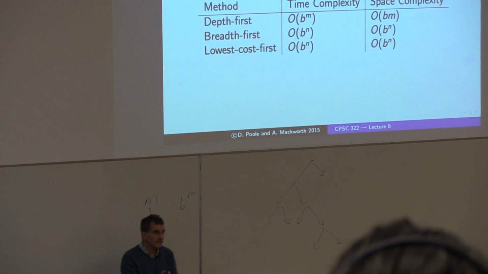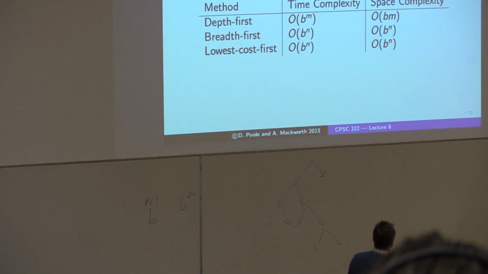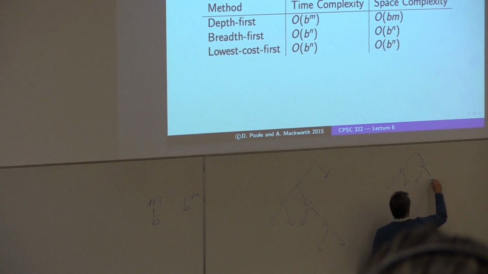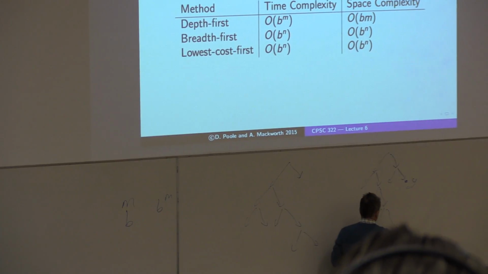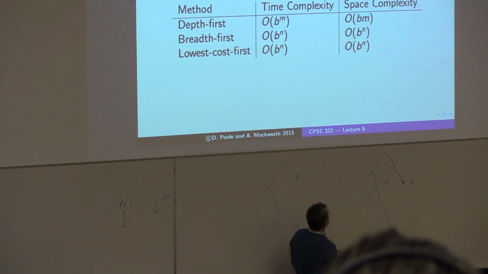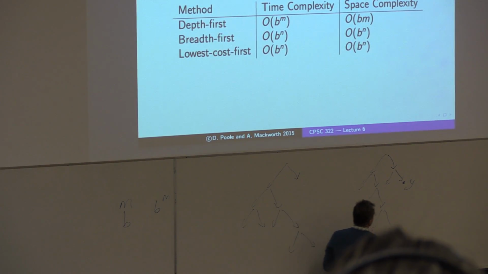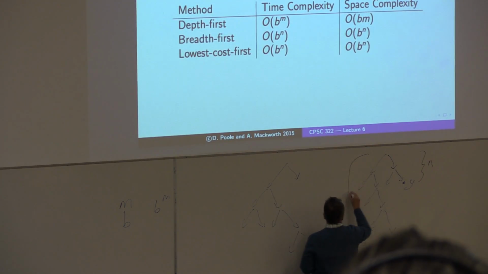Okay? Yes? The maximum number of paths available, is that the same as the path length to the closest point? Sorry, so if we have a graph that looks like this, and there's a goal here, and there might be other goals, n is this distance, and m is this distance.